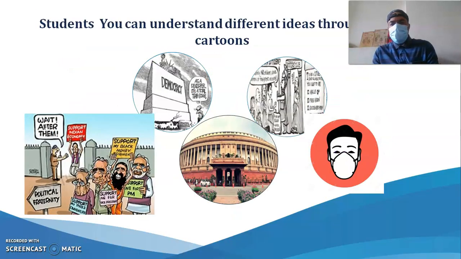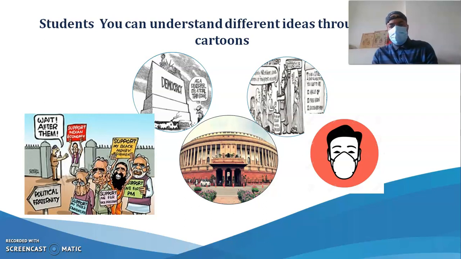Now, students, there are these cartoons and pictures. You can understand different ideas through these cartoons. Number one is democracy. It shows the democratic system. Second, people are standing in long queues at polling booths to cast their votes. Third, these are members of parliament and leaders on campaign.